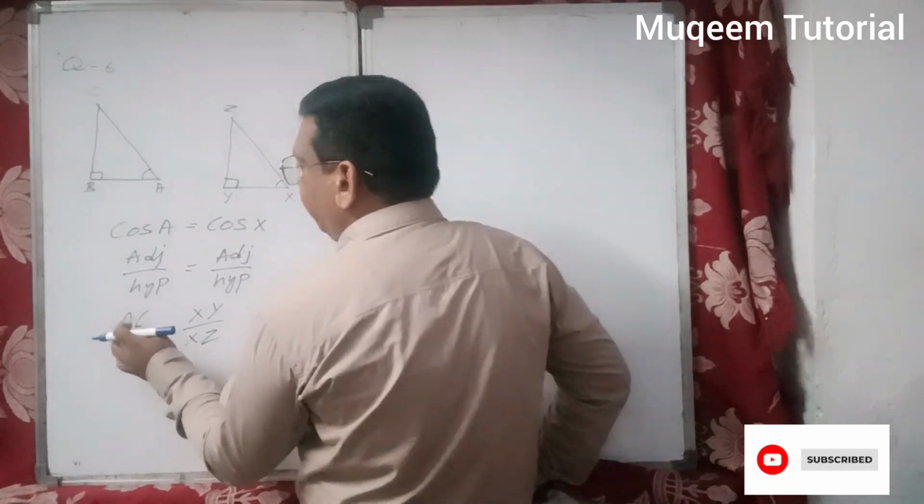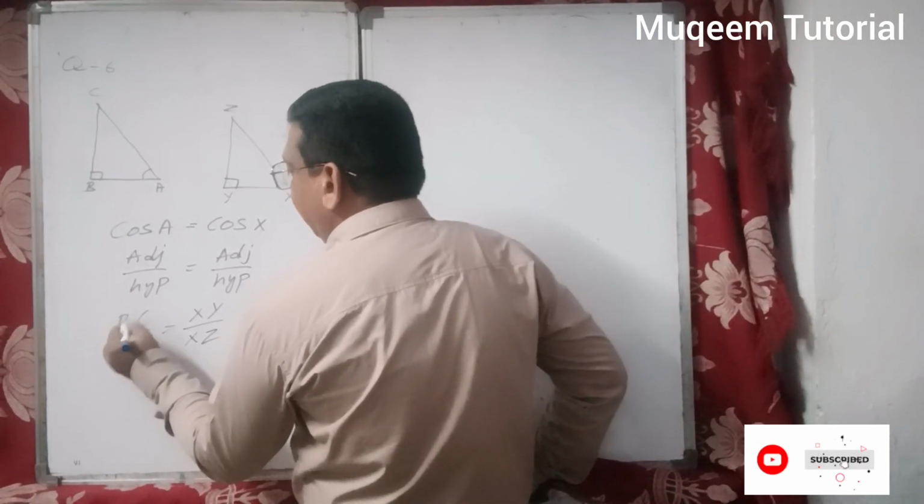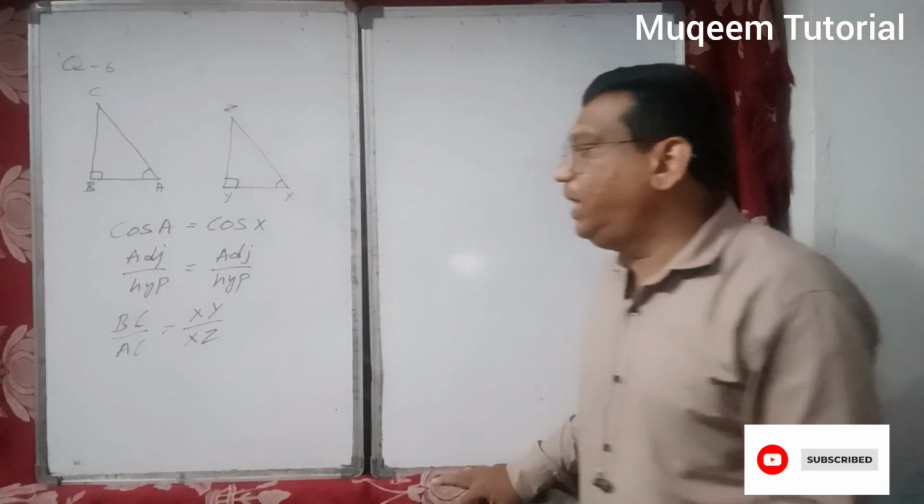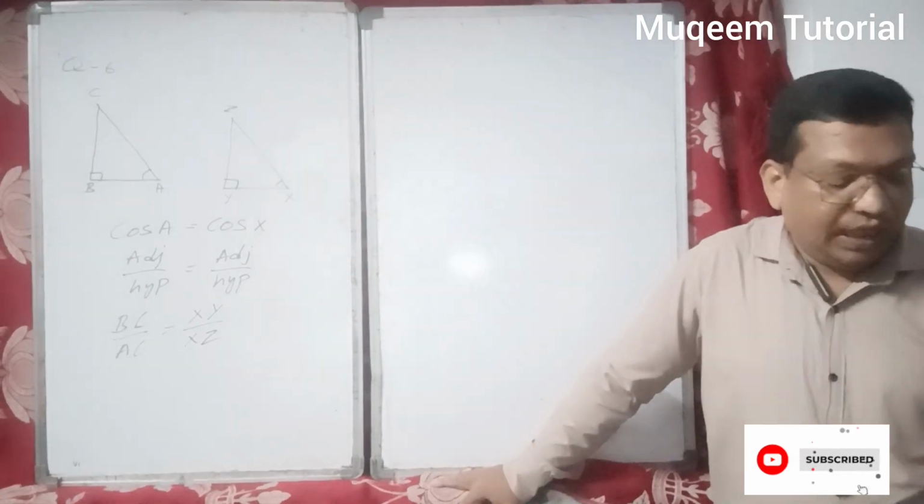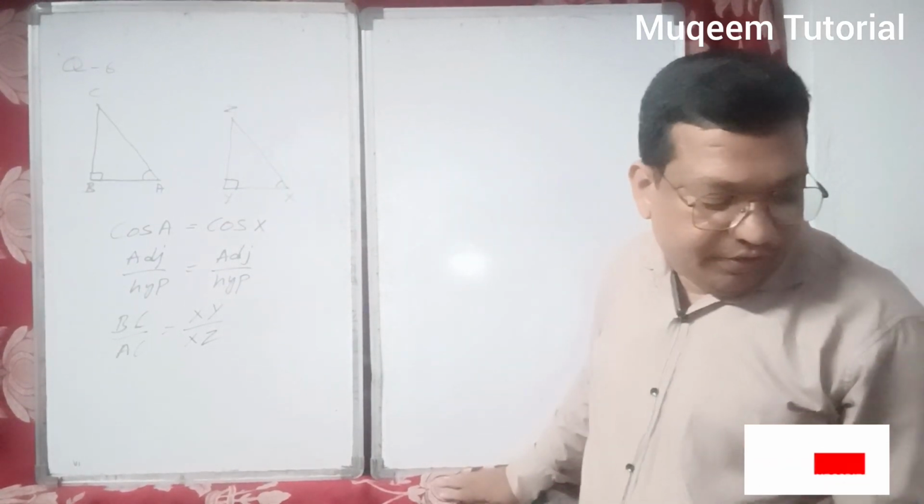So this is AB by AC and XY by XZ that we got.